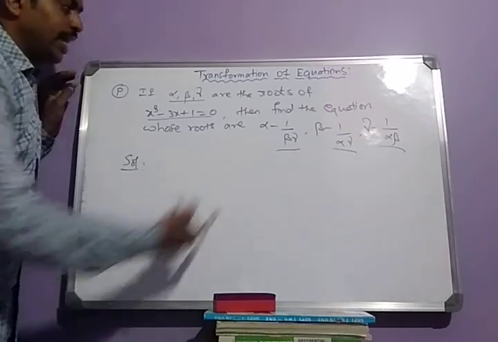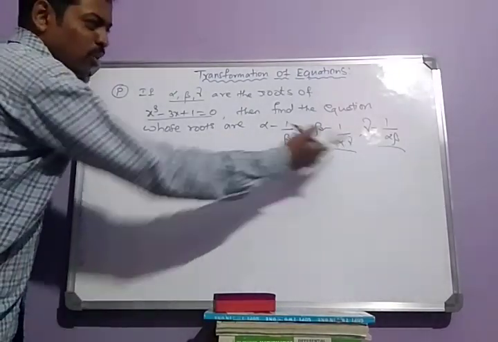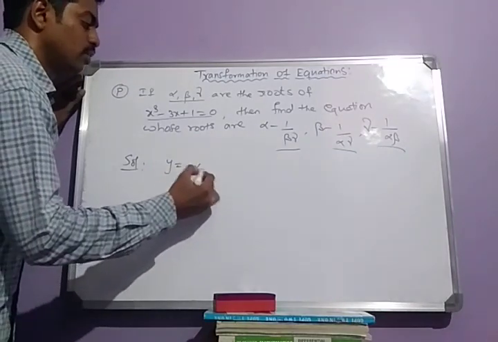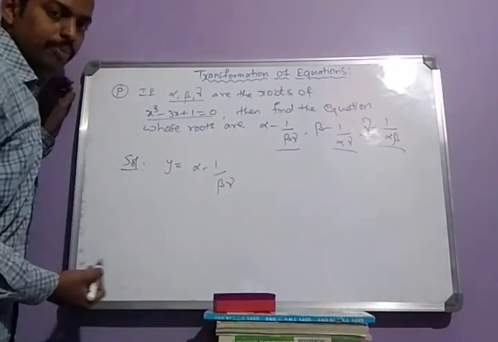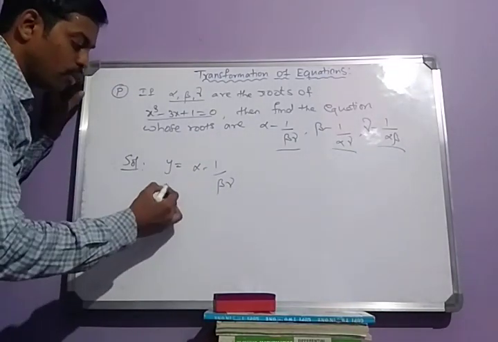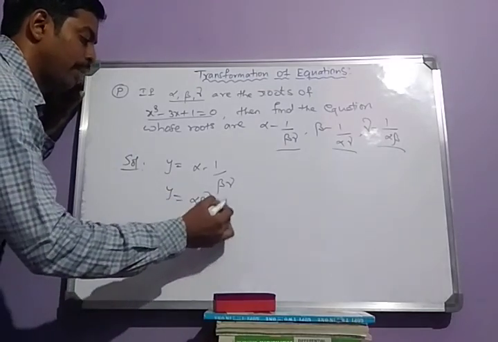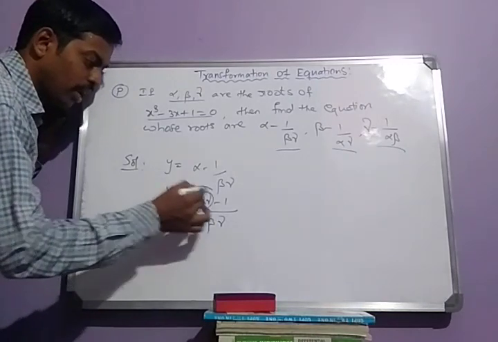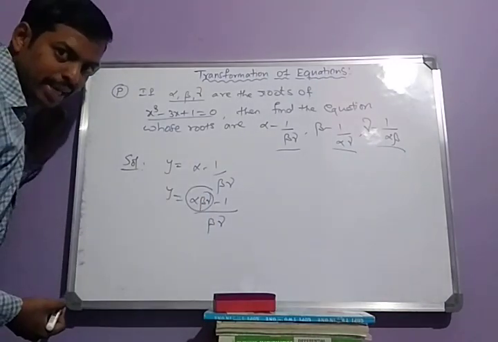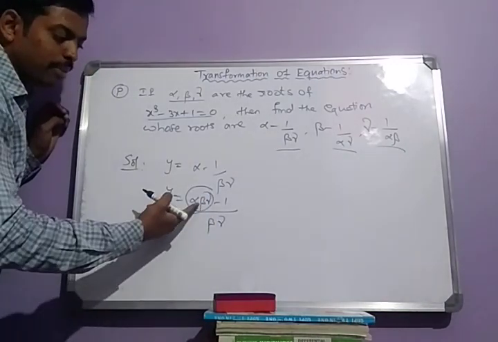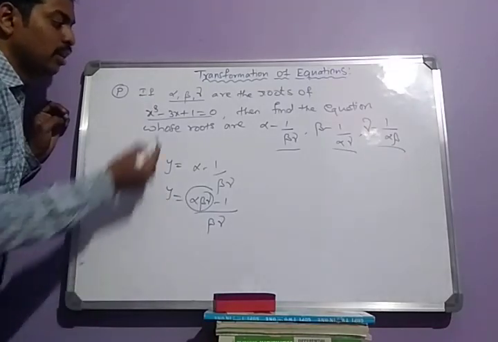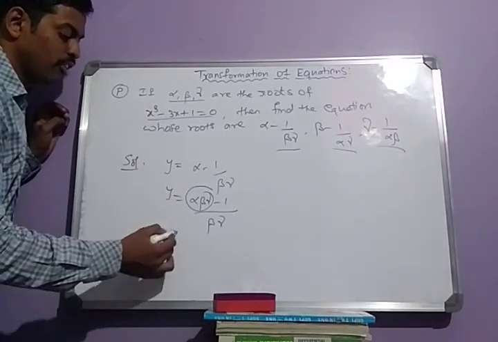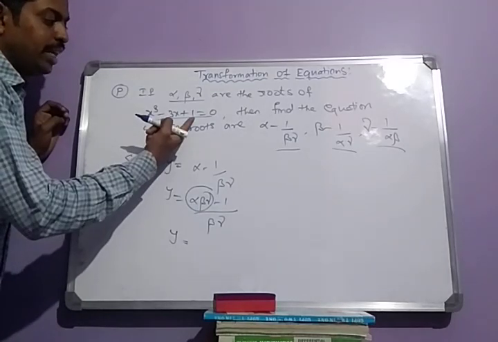So let us consider any one among these as y. So y is equal to alpha minus 1 by beta gamma. If you take LCM, you'll get y is equal to (alpha beta gamma minus 1) by beta gamma. So you can substitute the value of alpha beta gamma as minus d by a. Correct? Alpha beta gamma, the product of the roots, is minus d by a. So from the cubic equation, what is the value of minus d by a?